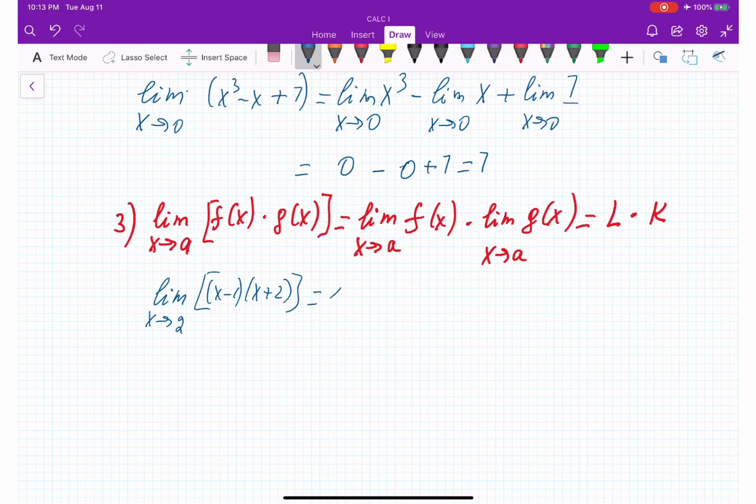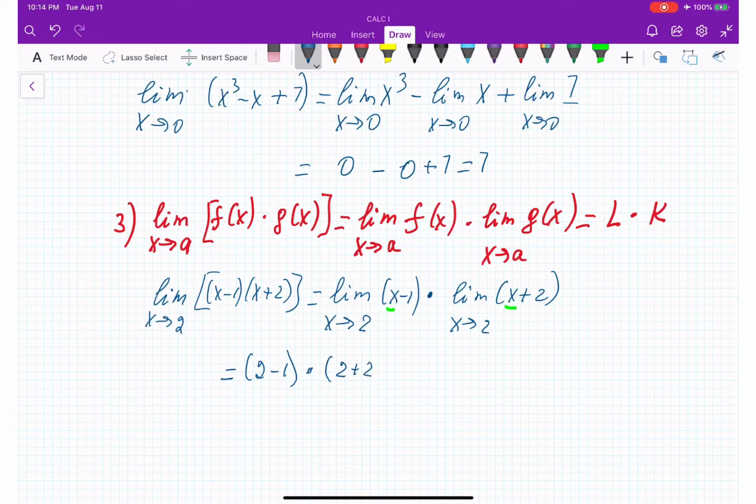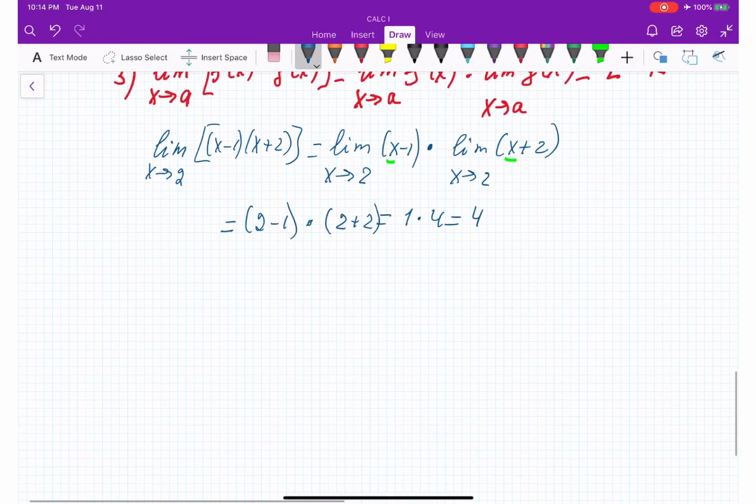This is equal to the limit as x approaches 2 of x minus 1, times the limit of x plus 2 as x approaches 2, since the limit of a product equals the product of limits. Plugging 2 into the first limit, I get 2 minus 1, times, plugging 2 into the second one, 2 plus 2. I'm getting 1 times 4. The answer is 4.